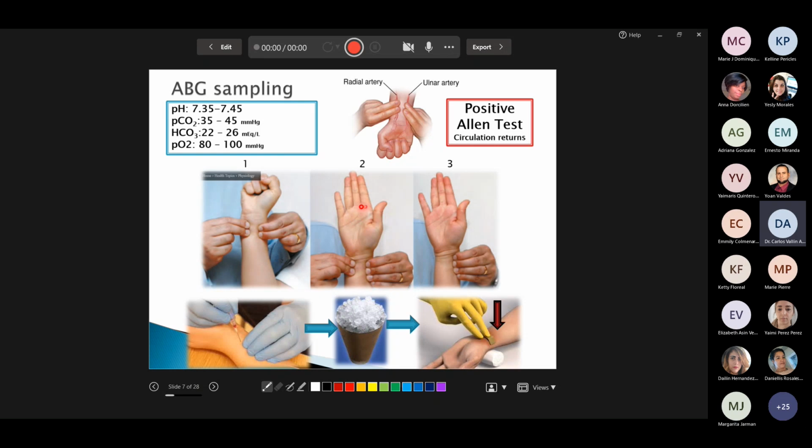If you compare this hand with this hand, it is pale and it is red. If it occurs quickly, in 6 seconds or less, the ulnar artery is strong, patent, and supplying enough blood flow to the hand. And if something happens in the radial, the hand is going to survive.